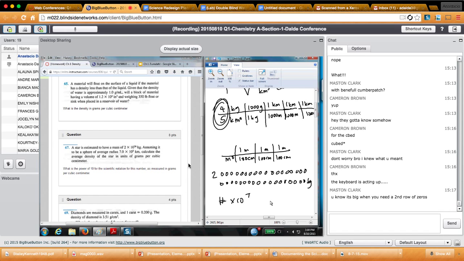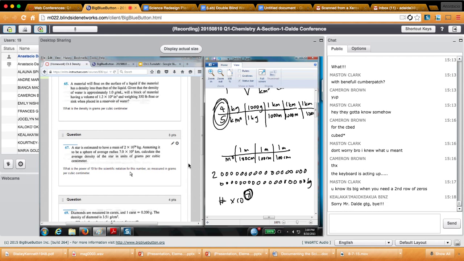What is the power of 10 in the scientific notation for this number as measured in grams per cubic centimeter? I'm just looking for the exponent.